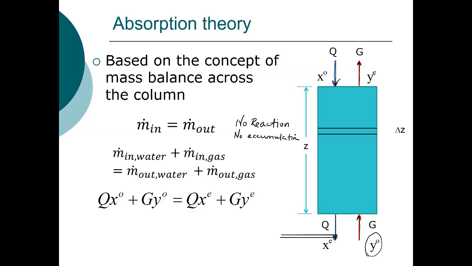So the mass rate in from the water, plus the mass rate in from the gas is equal to the mass rate out in the gas plus the mass rate out in the water. And we can write that mathematically using this expression here.